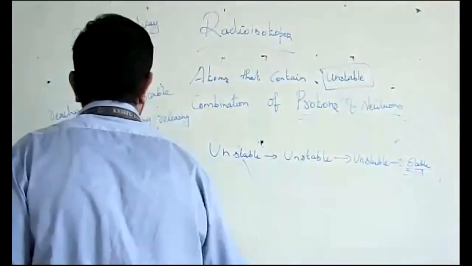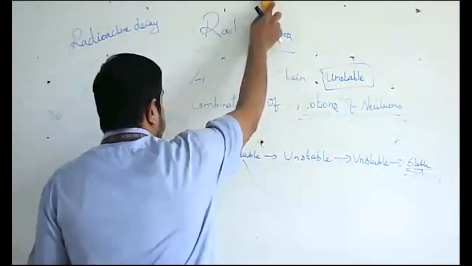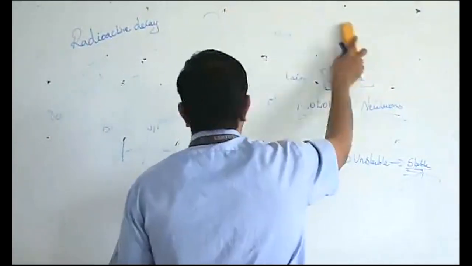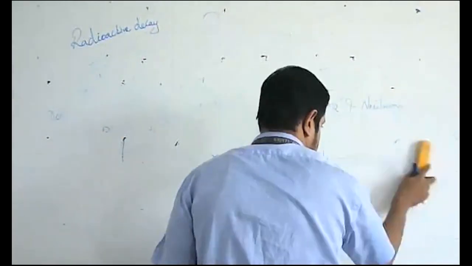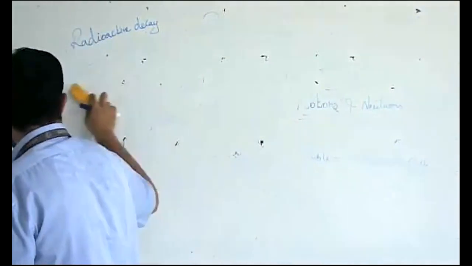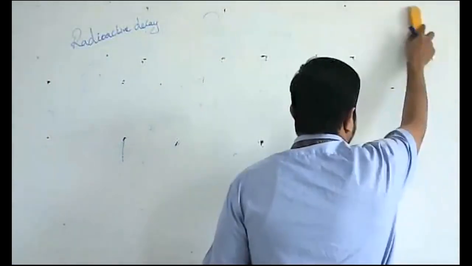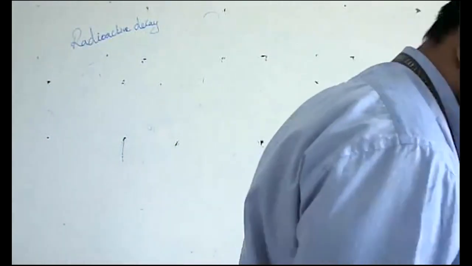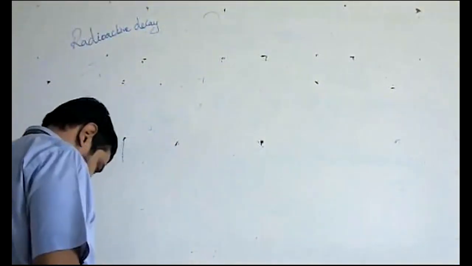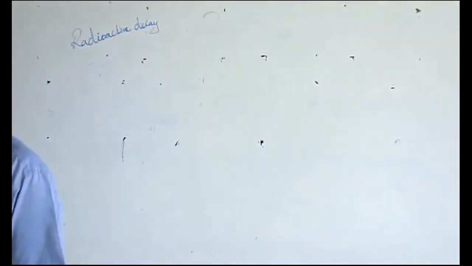Now, the process of radioactive decay is of three types.